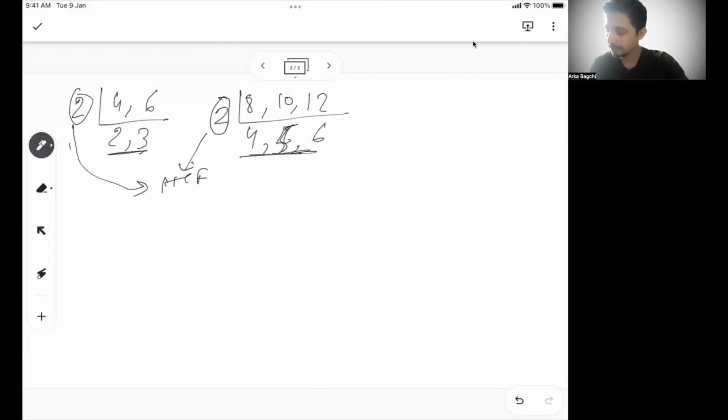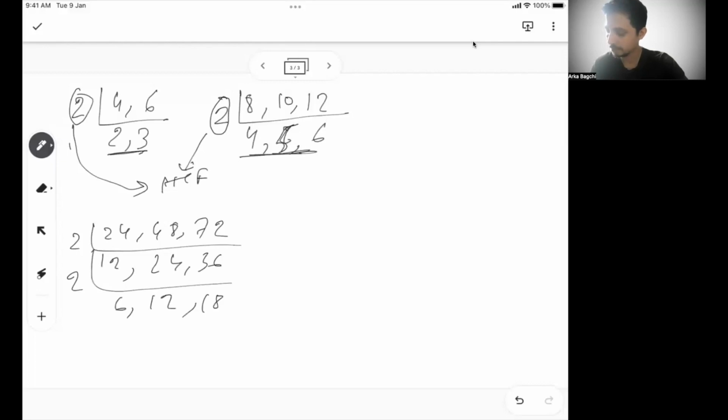So let's say I have 24, 48, and 72. I divide by 2 first, and get 12, 24, 36. Again, I divide by 2, and I get 6, 12, and 18. Again, if I divide all the numbers by 2, I get 3, 4, and 9.